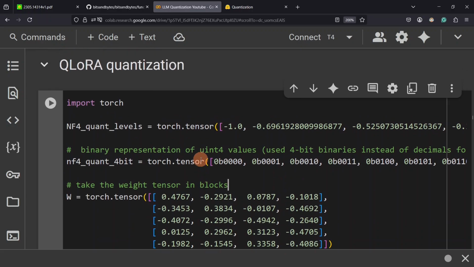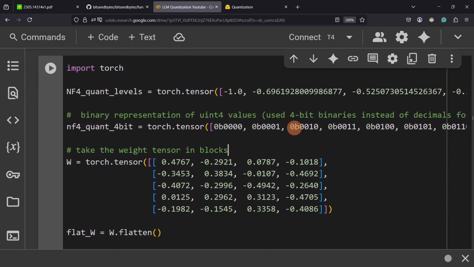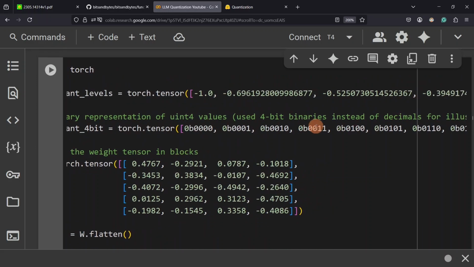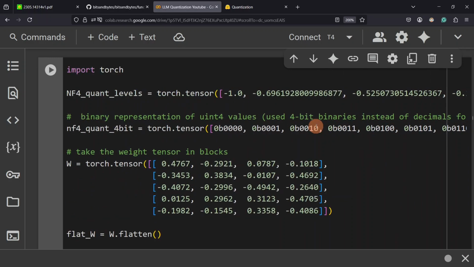If going through the code makes more sense for you, here's the code for this. So you start with the NF4 quant levels. You specify the NF4 quant levels. Here is the binary representation of the uint4 values for the same NF4 quant levels as well, using 4-bit binaries instead of decimals for illustration purposes.